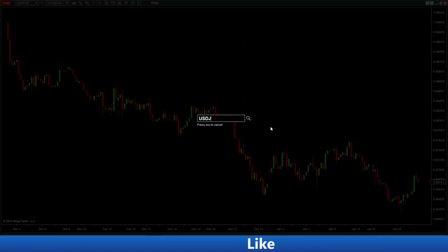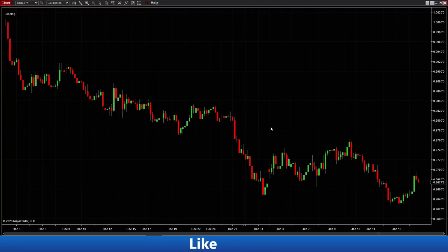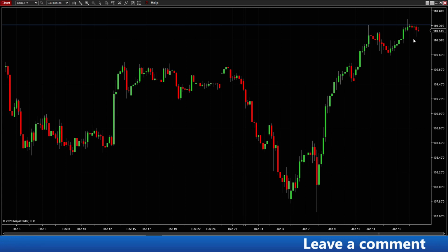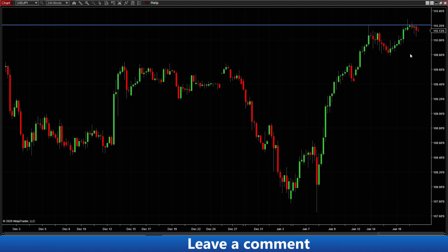Now, what about dollar JPY? All right, dollar yen. Dollar yen, well, it's pretty strong. It already took out this resistance level right here, pulled back a little bit, and dollar yen's had a pretty significant move up.